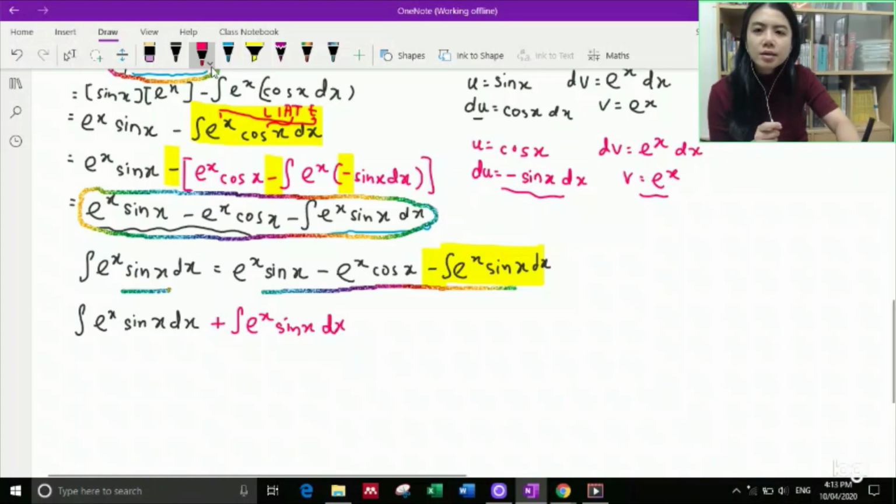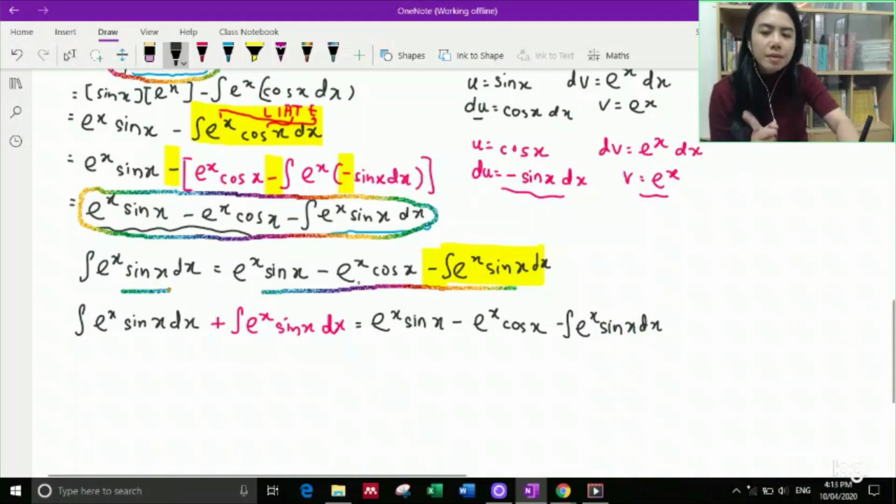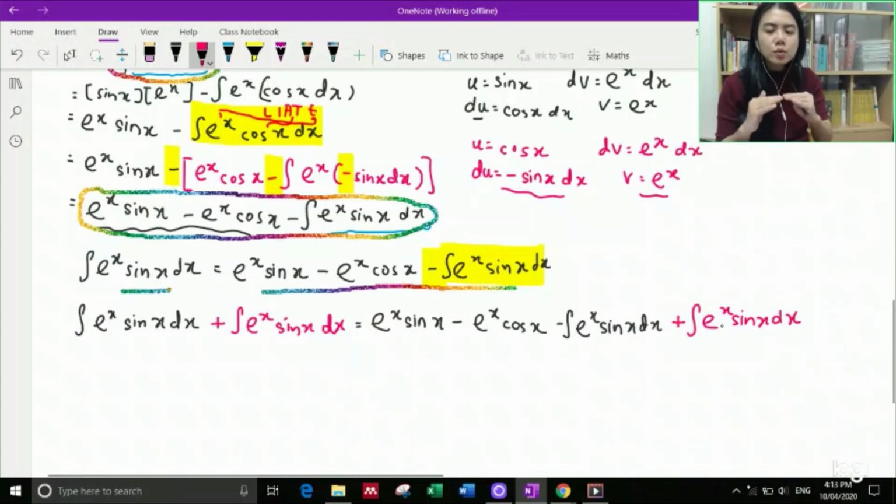And for the right hand side, we have e^x sin x minus e^x cos x, minus the integral of e^x sin x. Remember, just now we added the integration of e^x sin x to the left hand side, and we have to add it to the right hand side also. When you add the same item to both sides, we do not change the question.